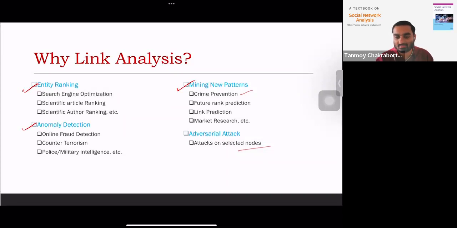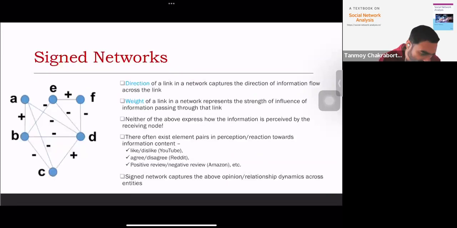So with minimal change, how do we perturb the network so that it affects some downstream tasks? The downstream task can be, say, node classification, link prediction, or community detection. So links play a very important role. These are simple applications, but there are many other applications that we will study in this course.